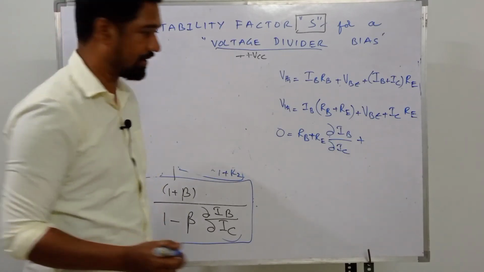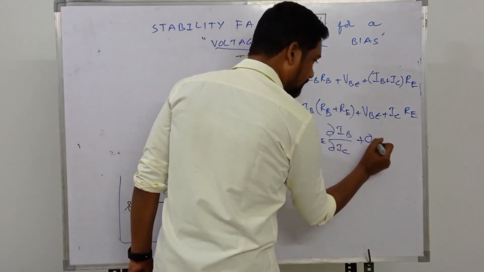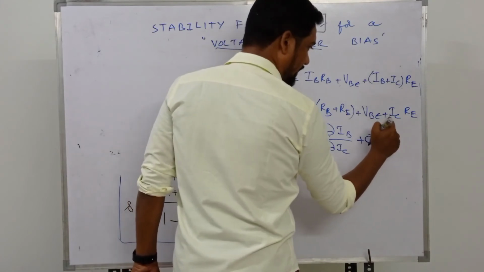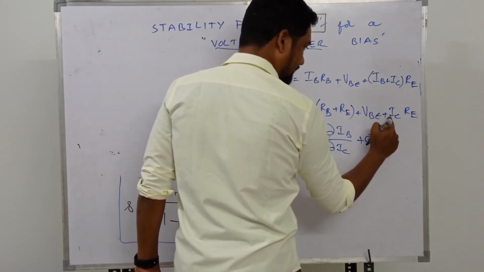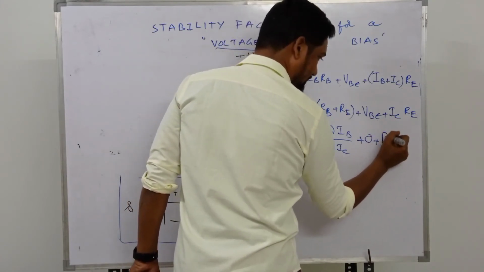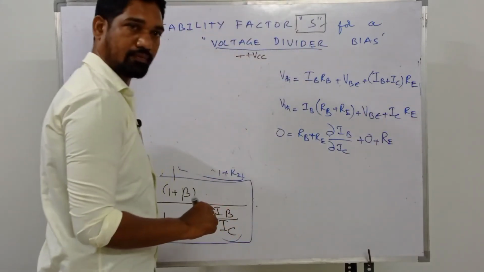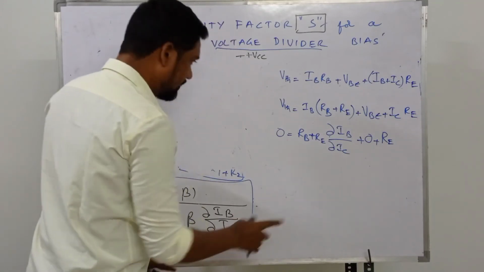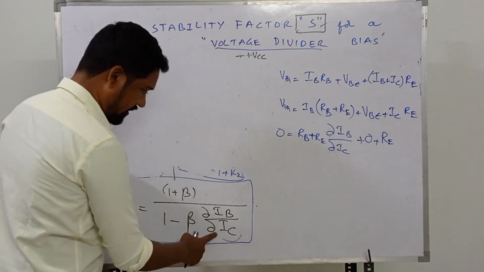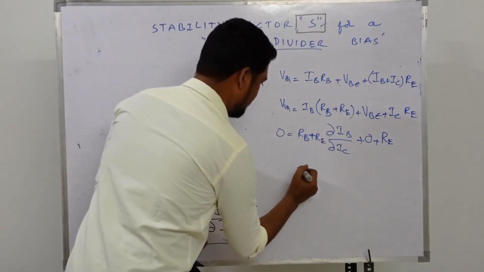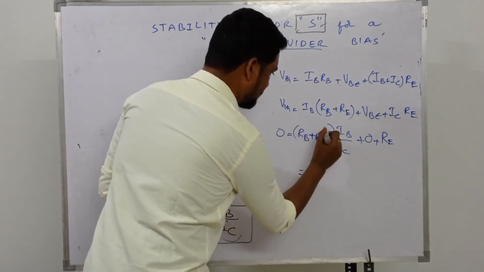It's a constant value, even that becomes 0, plus dou by dou IC of RE as it is, RE. So dou by dou IC of IC, that's 1, isn't it? We need this value because we have to plug it in over here.